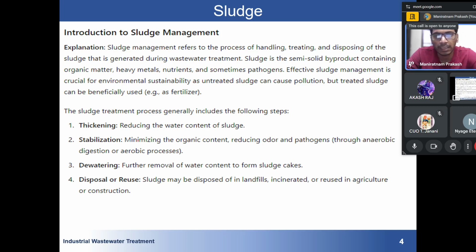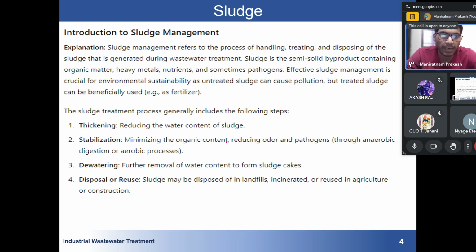Then stabilizing. We have to minimize the organic content, reducing odor and pathogens. If a high amount of organic matter is there, then odor can be generated, and it will be a home to many pathogens. So we have to stabilize our sludge also. Then dewatering, further removal.